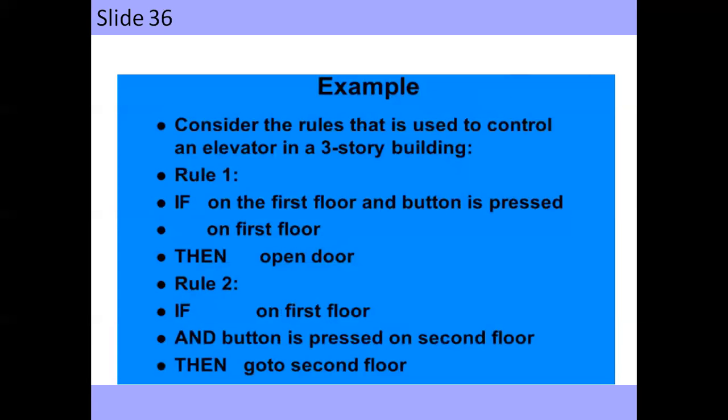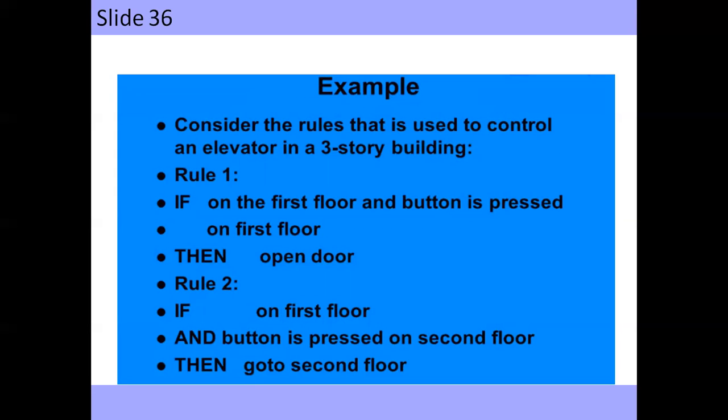Here I have given one example: consider the rules used to control an elevator in a 3-story building. Rule one is: if on the first floor and the button is pressed, then it is on the first floor, otherwise open the door.